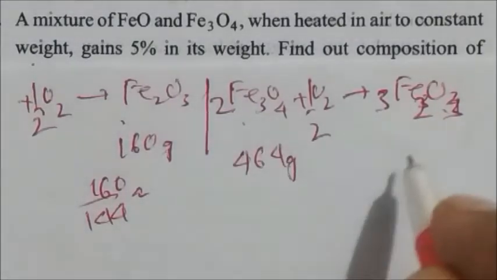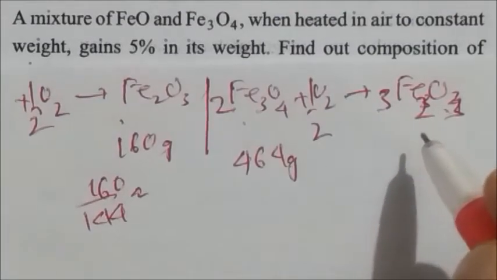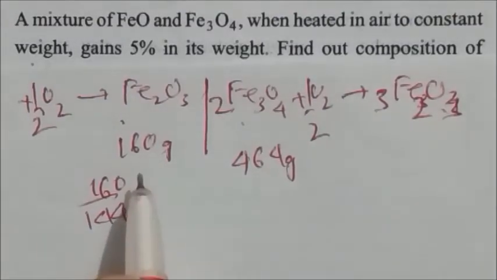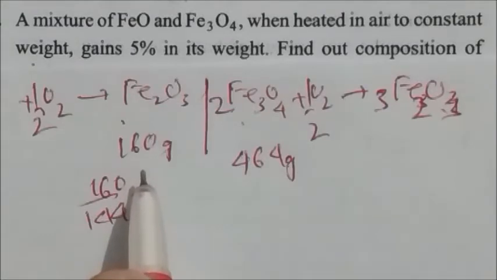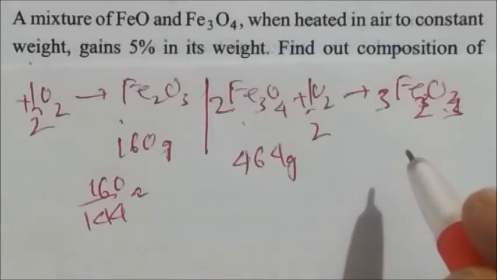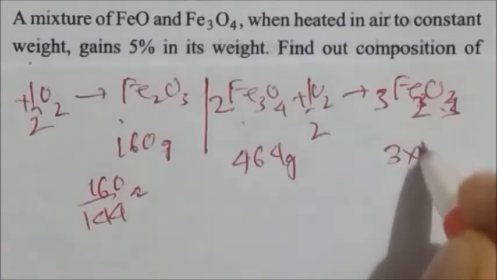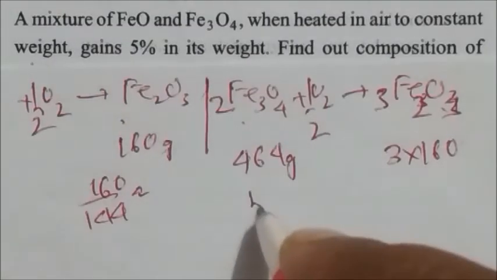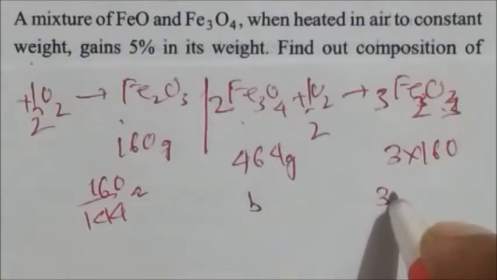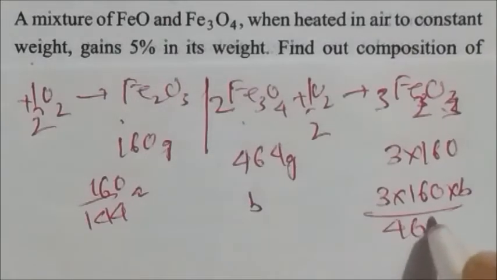And here for 3 moles of Fe2O3, it is 160 each. If suppose this is B gram, so this will be 3 into 160 multiplied by B and divided by 464 gram.